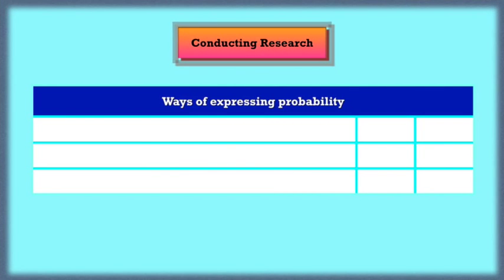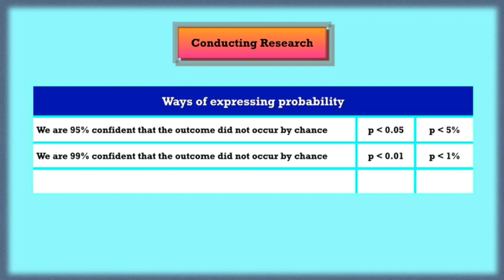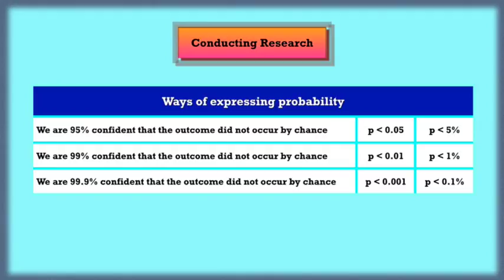There are ways of expressing probability. Try to make sense of this. If we are 95% confident that something didn't occur by chance, we write it that way, p less than 0.05 or p less than 5%. If we're 99% confident, we write it that way. If we're 99.9% confident, we write it that way.